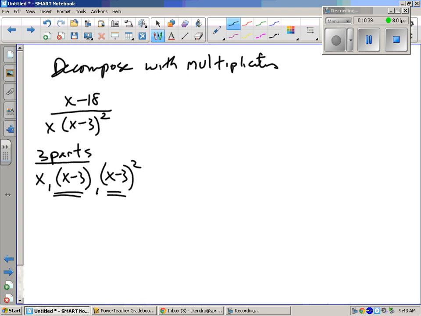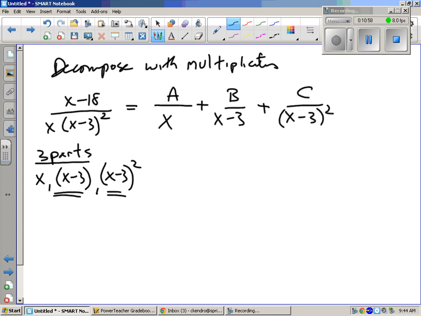So first thing I'm going to do is separate the denominator into its three parts and put the placeholders of a, b, and c in now that we have three. So I have a over x plus b over x minus 3 plus c over x minus 3 quantity squared. So you have to do one with the squared and one without squared. So the next thing we're going to do is we're going to clear the denominator.